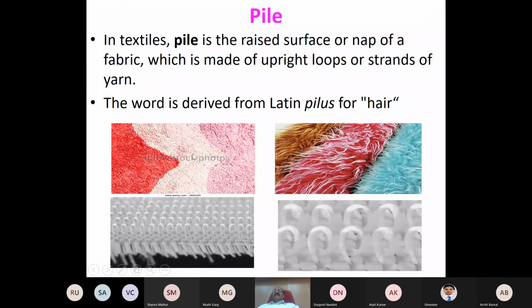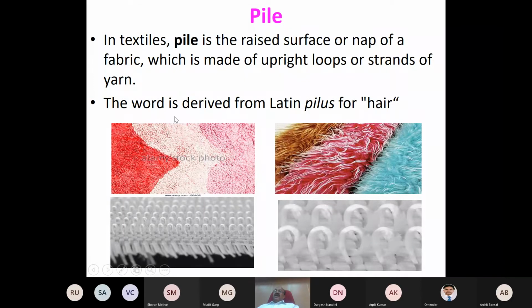Left hand side is an upright loop, right hand side is an upright strand, meaning cut ends. So this projected view of loops is also called pile, and this strand, meaning cut end, is also called pile. The term pile can be used for both loop form or thread form.